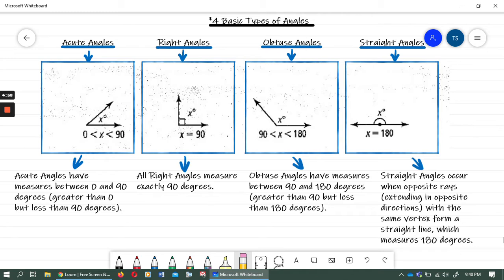Next up, we've got to talk about how we name angles. It really won't do you much good to know the different types of angles, and the other types we'll talk about later in this video, if you don't know how to name angles.